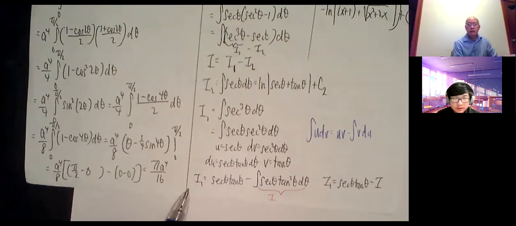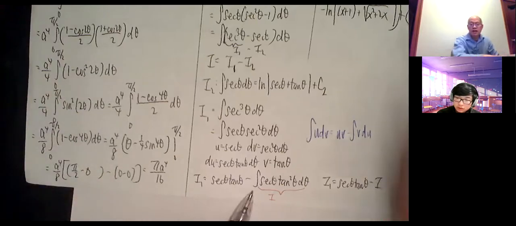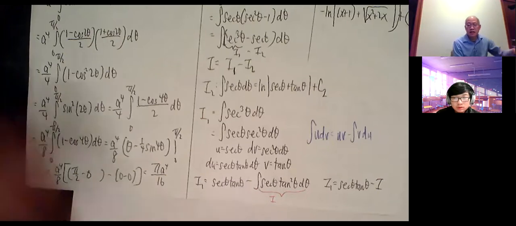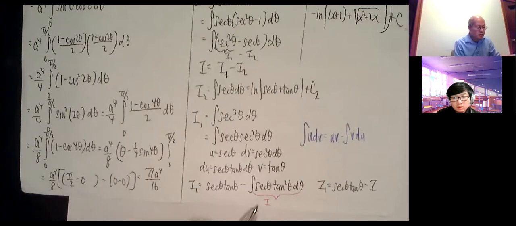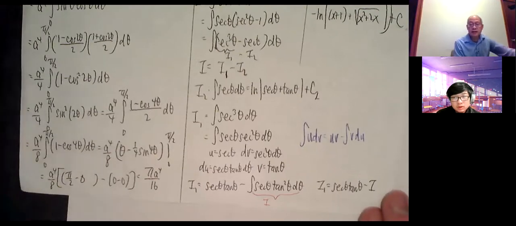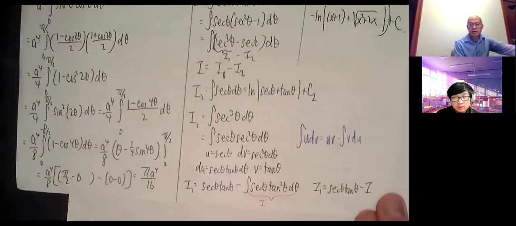So I1 is uv minus the integral of v du. So u times v, secant theta tangent theta, minus the integral of v du. V is tangent theta. Du is secant theta tangent theta d theta. And let's see, where did I get this from? This is just the original I, notice.